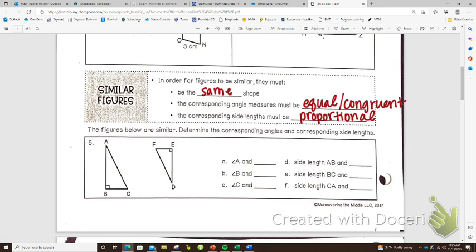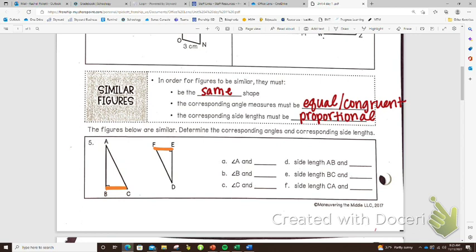So whenever we look at triangle ABC, we can see that the short side, BC, is corresponding with the short side, FE. And if you have colors, it would be helpful for you to color code these as well. You can borrow some of mine, but please return them.